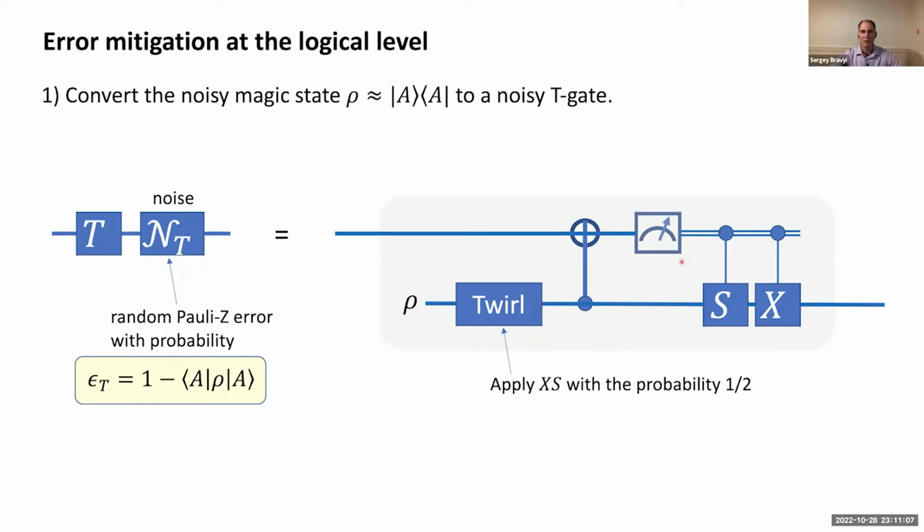First, we use this standard gadget that converts a noisy magic state to a noisy T-gate. And this gadget requires only Clifford operations. And it implements ideal T-gate followed by a certain noise channel. And this noise channel applies Pauli Z error with some probability epsilon t, which is simply related to fidelity of our magic state.